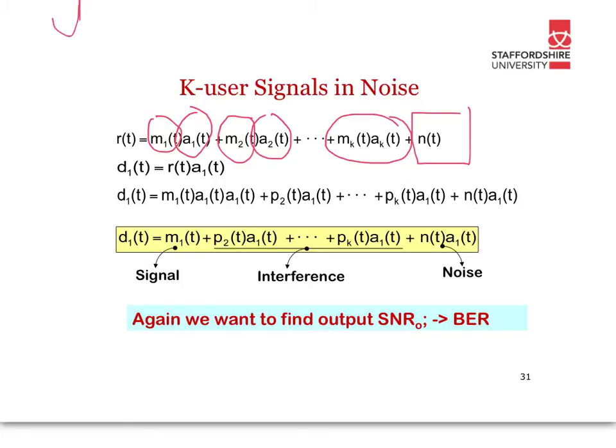For instance D2, at user 2, D2 of T would be R times code 2.